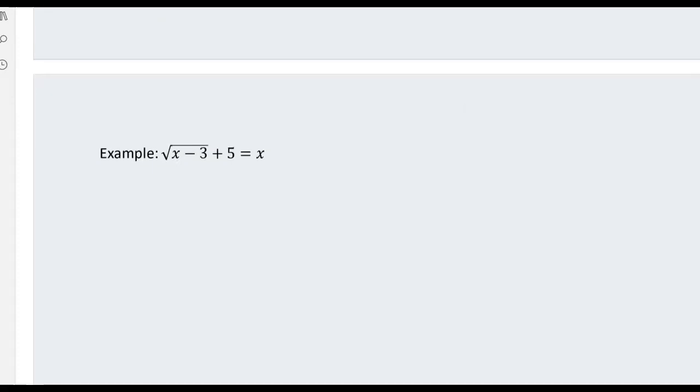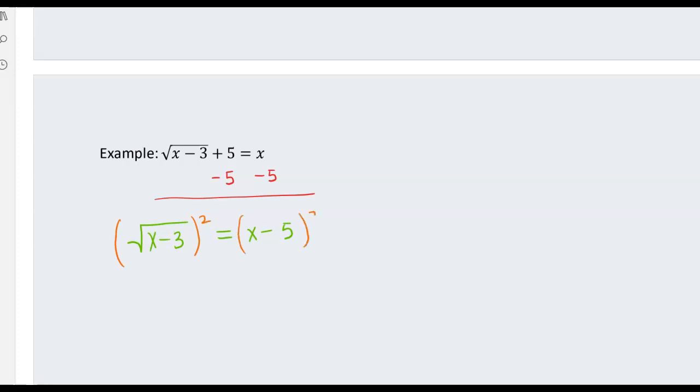Following that same type of example, let's subtract 5 from both sides before we get started. Again, we're moving everything away from the radical symbol. But when we go to square now, the right-hand side is more complicated. Before, it was just a number.